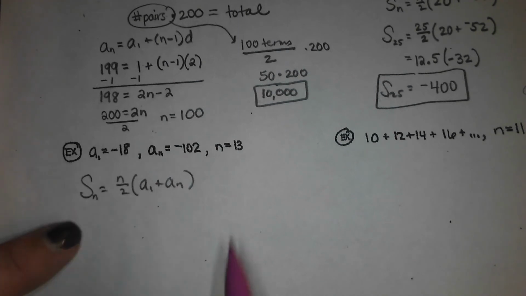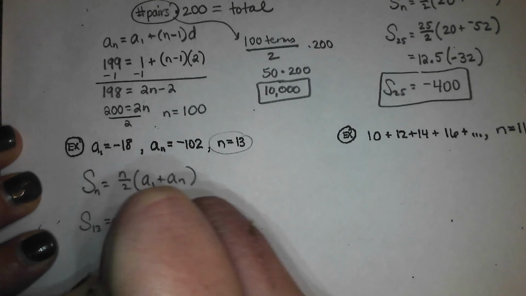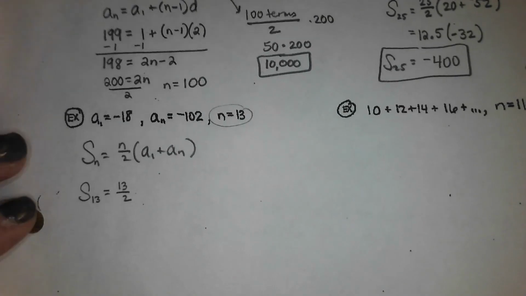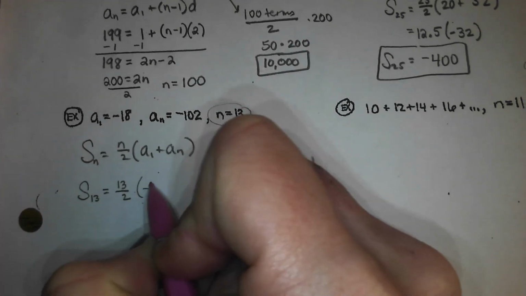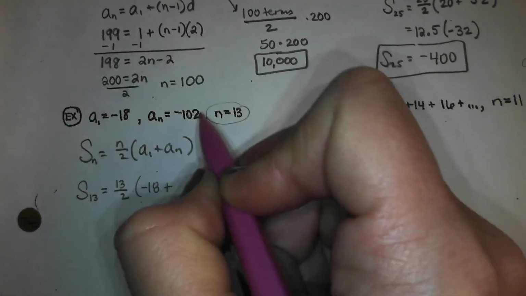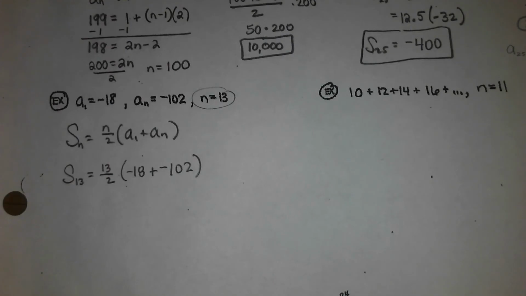So n they're telling us is 13. So S sub 13 equals 13 over 2. So they're telling us there's 13 terms. We are then also told the first term is negative 18 and the last term is negative 102. They're giving you everything you need.